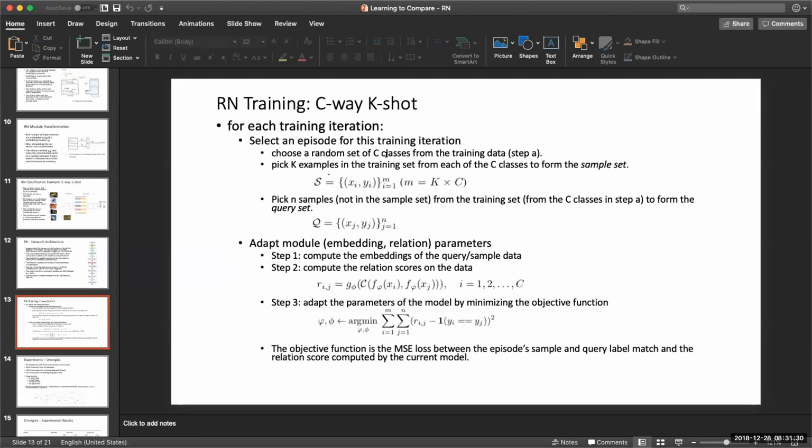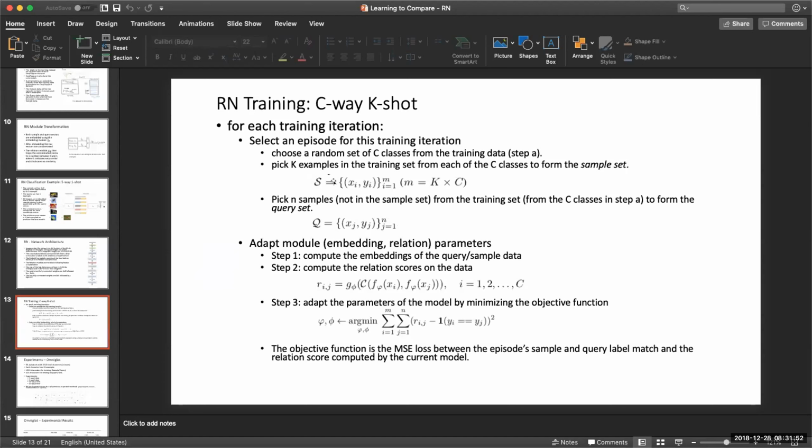It's a random set of classes which, as mentioned before, are disjoint from the target. But once you choose those C classes for the episode, then you pick data from those C classes.